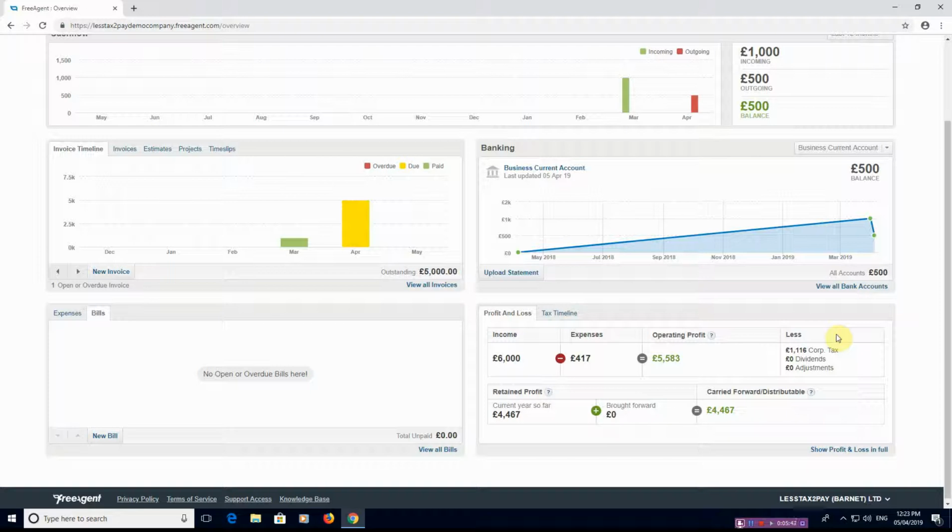Now there will be some adjustments, don't get me wrong, because there always are with doing accounts, but it gives you an idea that my corporation tax, if it was a straight income and expenditure, my corporation tax bill will be X. Now, depending on what the adjustments are, that will obviously go up or down, but it gives you a relative idea of what you need to be putting away or what to expect, so you can then make the necessary provisions, either put it in a savings account or just making sure that the money's in there. So that's a really nice thing that I can see from FreeAgent.